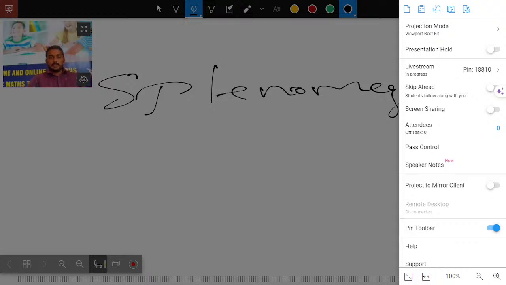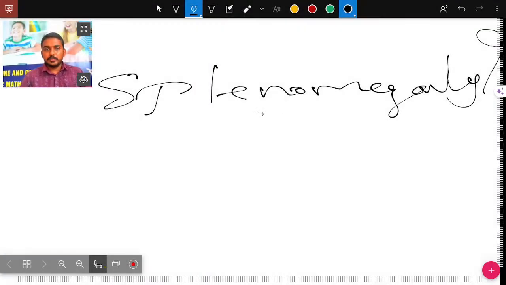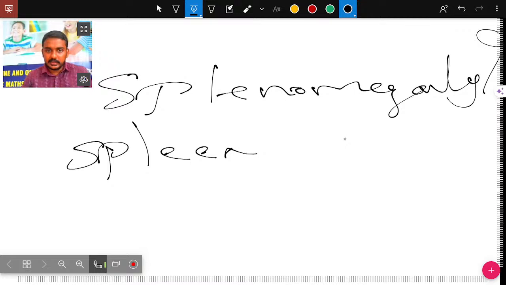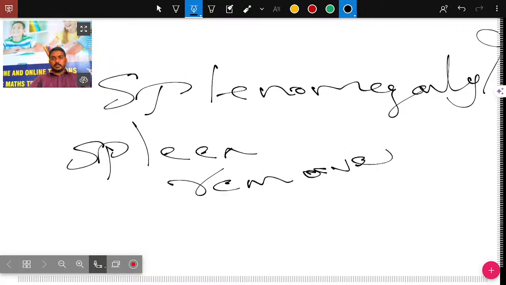we know that the spleen has a role in removing the damaged RBC.